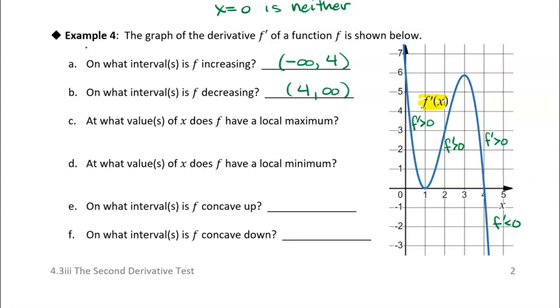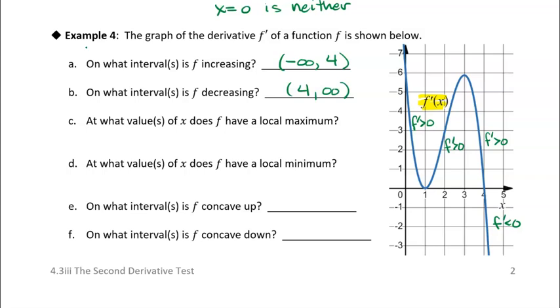Again, I think this gets a little confusing because we're looking at values of the derivative, and we're trying to figure out what's going on with the original function. We're just looking at the sign of the derivative. If these values are above the x-axis, they're positive, and so the original function is increasing if f prime is positive.